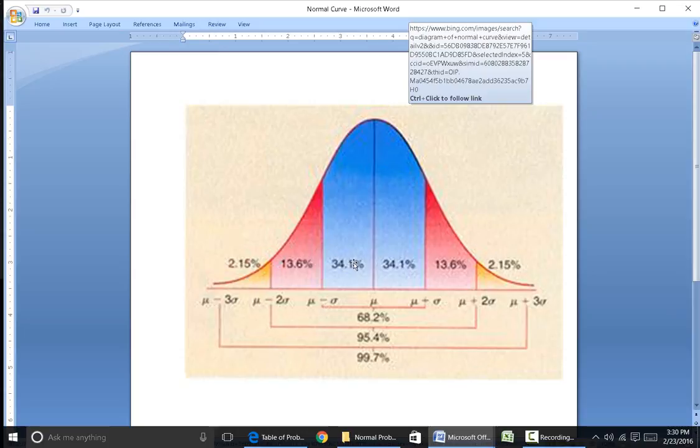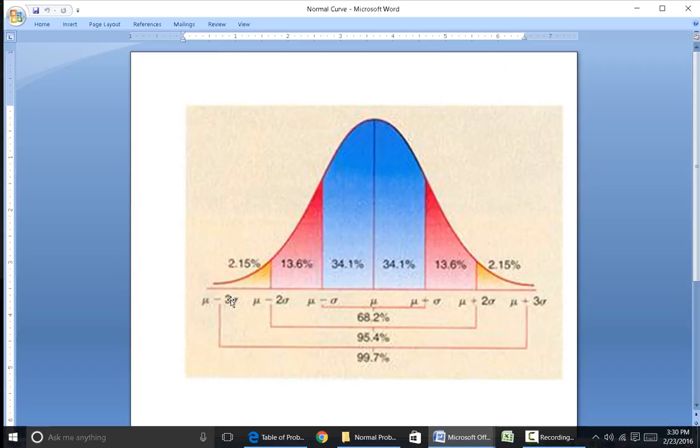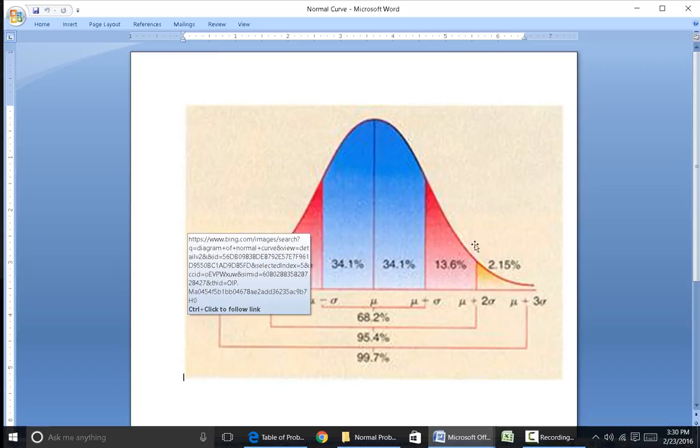Probability is usually a number between 0 and 1. We can use percents. So we say the probability of rain is 60%, for example. And then the probability is 0.6 or 0.60. But this is always going to stay the same. Okay, so I can use this normal curve to compute probabilities or percents.